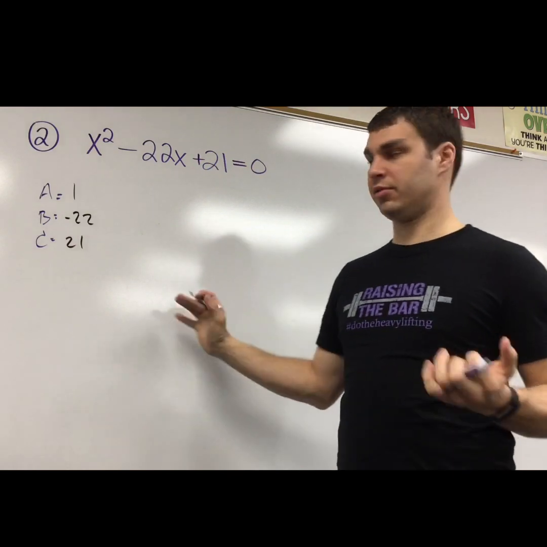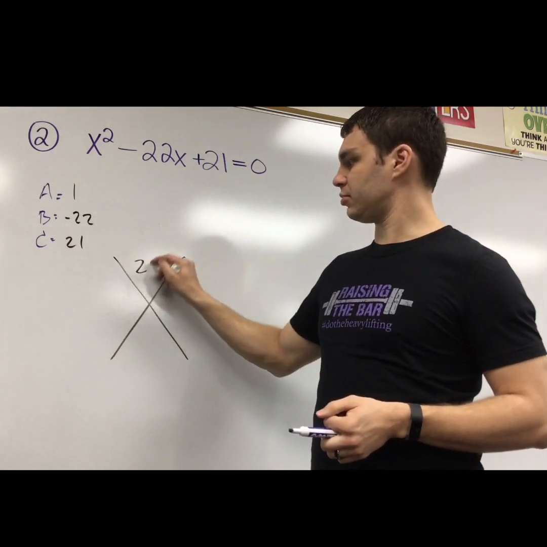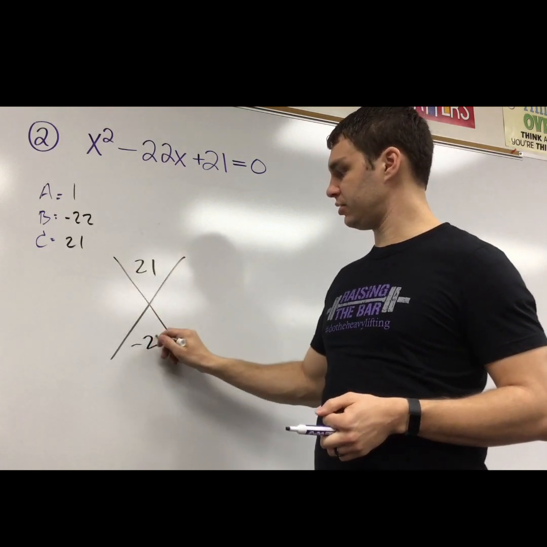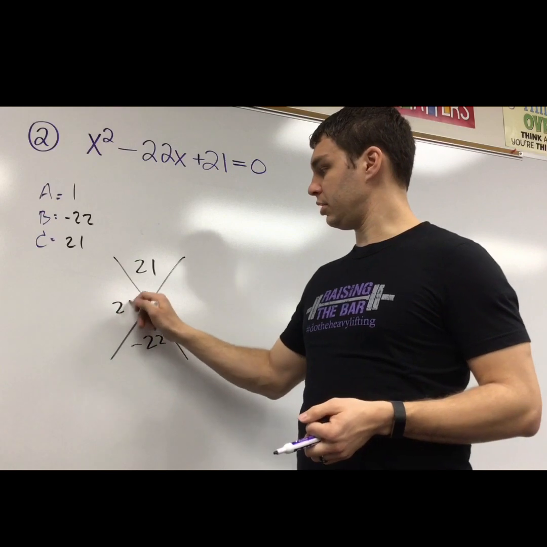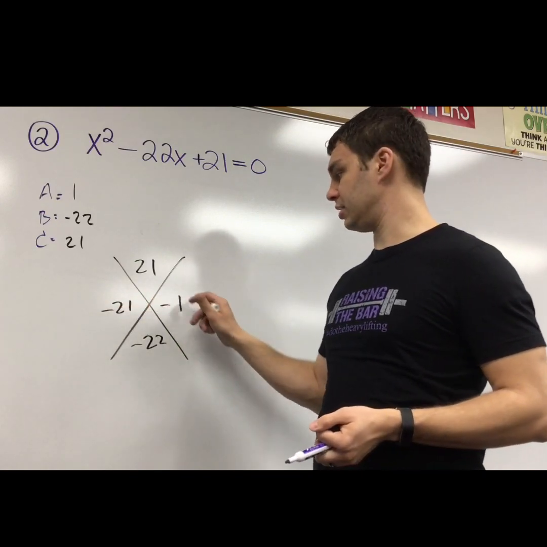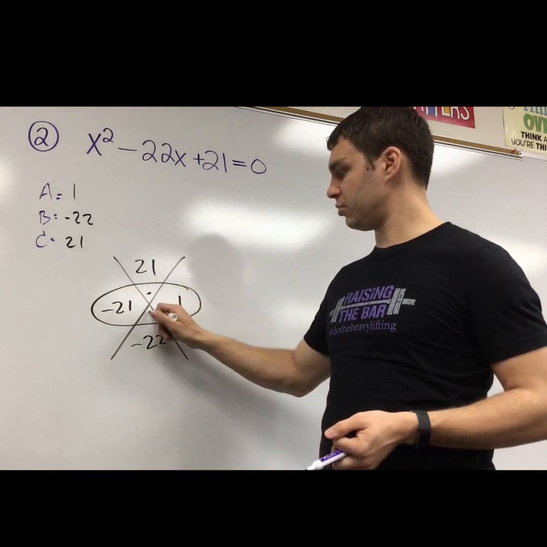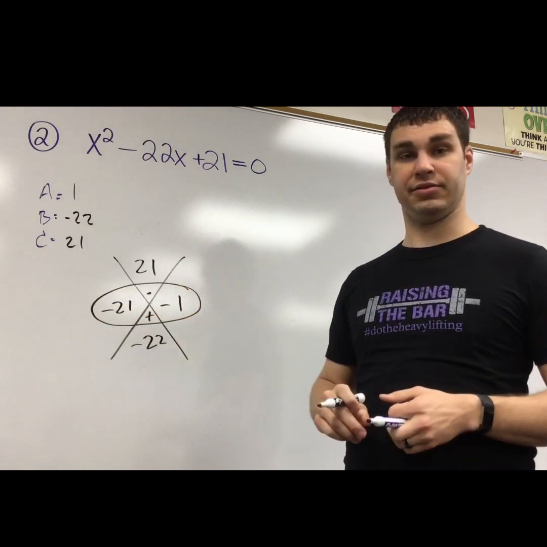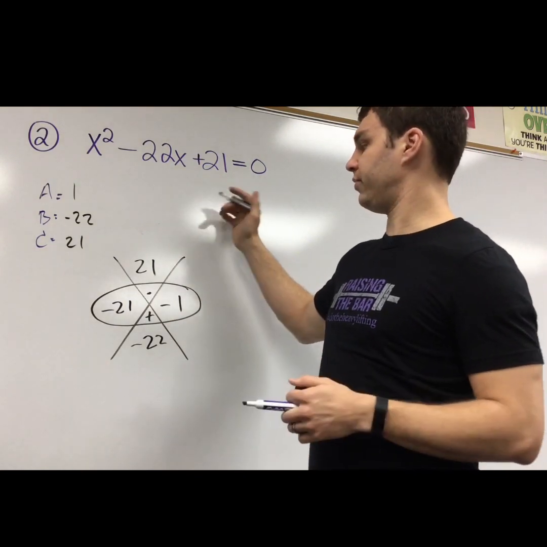Okay, if I fill out my graphic organizer x, we're going to have a times c, which is 21, or b is negative 22, and two numbers that would work are 21 and 1, and they both have to be negative. Negative 21 times negative 1 is a positive 21, and negative 21 plus negative 1 is a negative 22. Okay, but it still equals 0, so we have to solve by factoring.